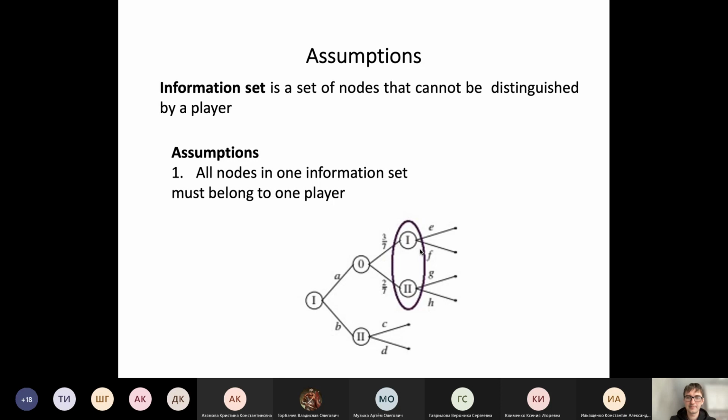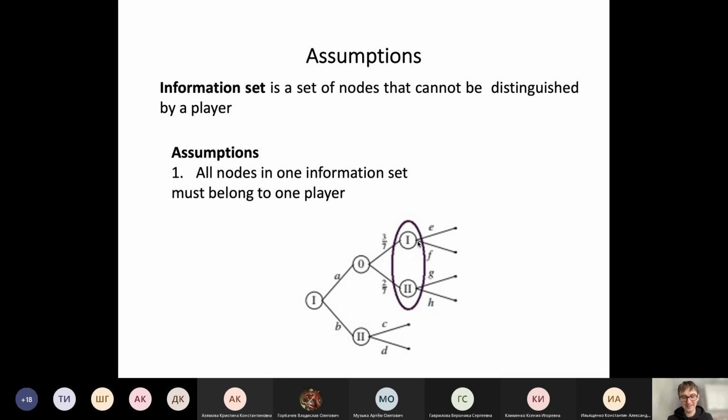So let's discuss our assumptions about information sets. What is possible for information sets and what is impossible? First of all, nodes in one information set must belong to one player. I'm showing on my slides what is impossible. It's impossible that here we have player one and here we have player two, and these two nodes are in one information set. It's like I don't know who I am.